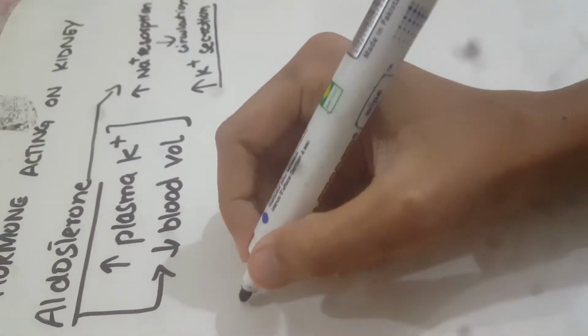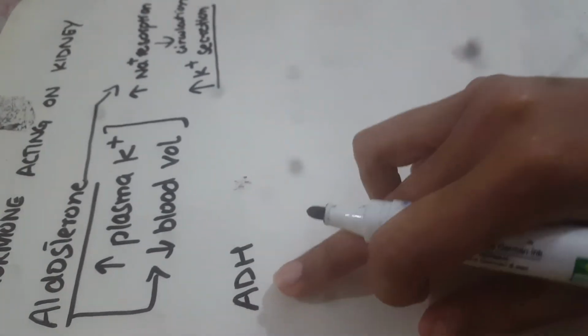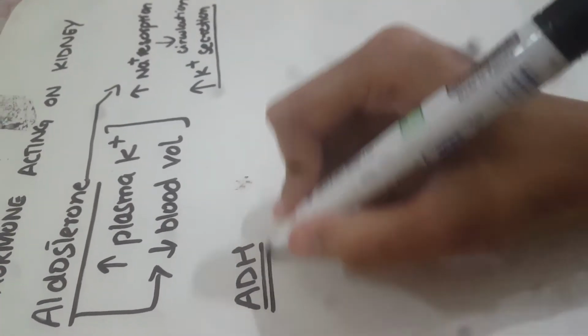The other hormone that acts on the kidney is antidiuretic hormone. Antidiuretic hormone is secreted by the posterior pituitary, in response to increased plasma osmolarity.